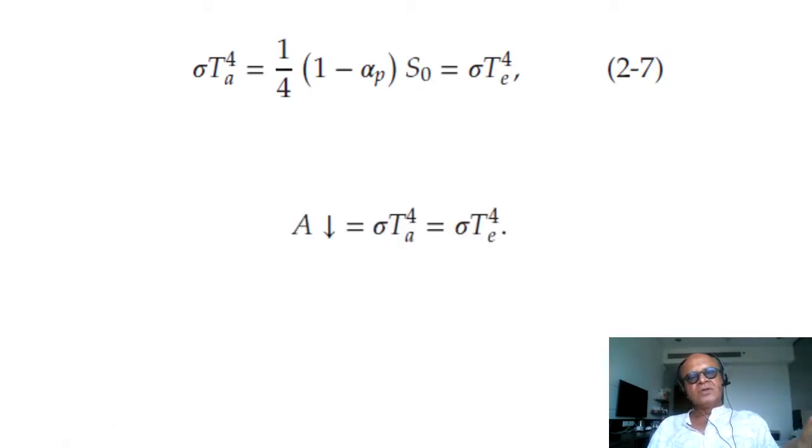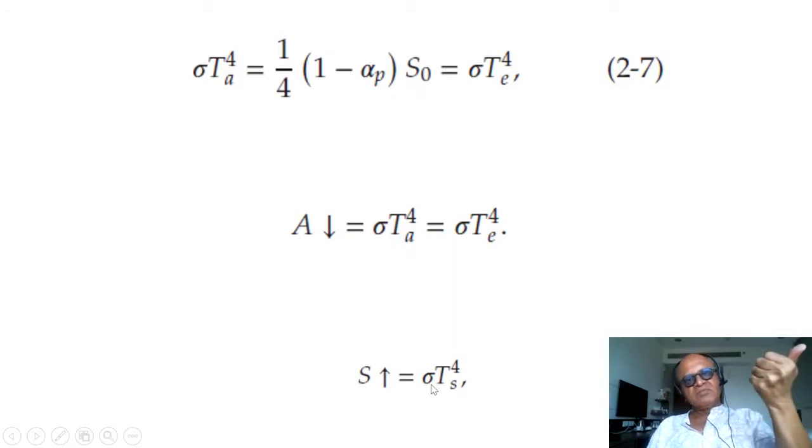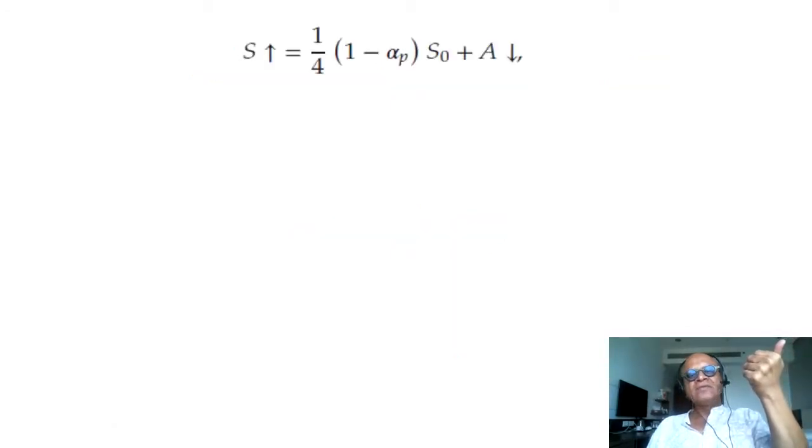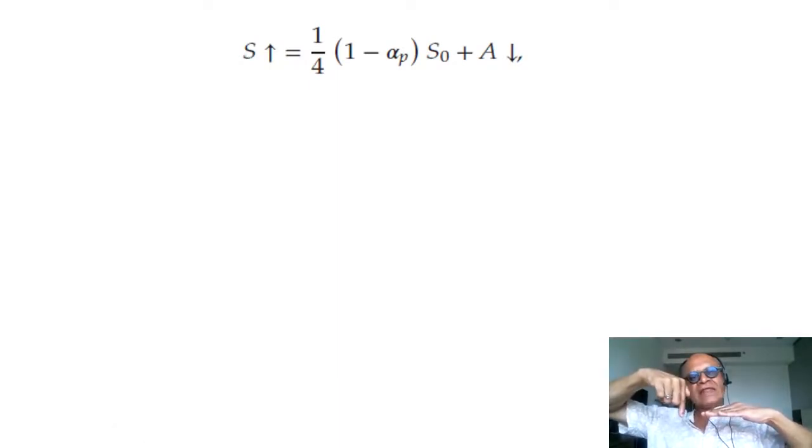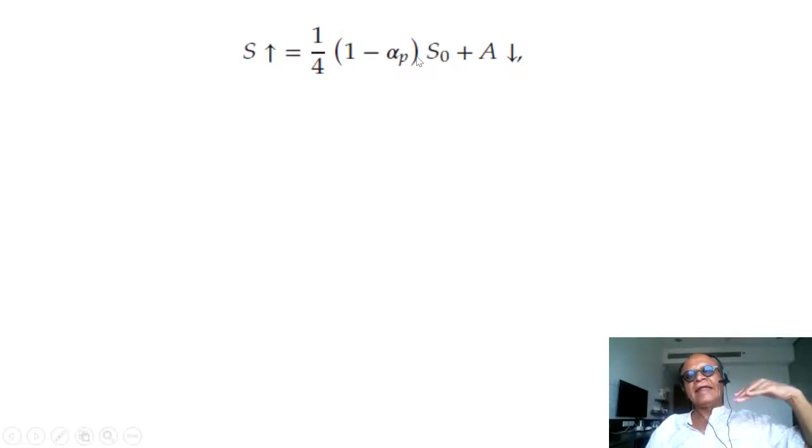But you know that A is also coming down to the surface, so the surface energy balance is going to be sigma Ts to the fourth going out and the solar that is coming in. So the surface has to balance the outgoing long wave with the downwelling long wave from the atmosphere, which is this part, and the short wave that's coming in.